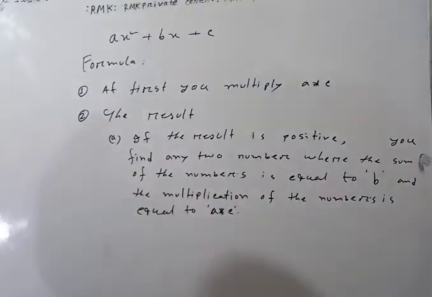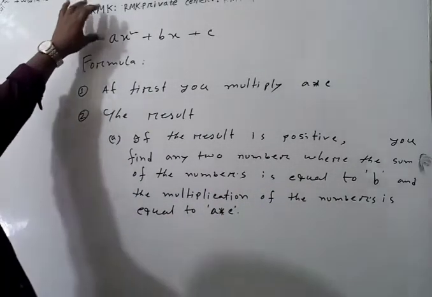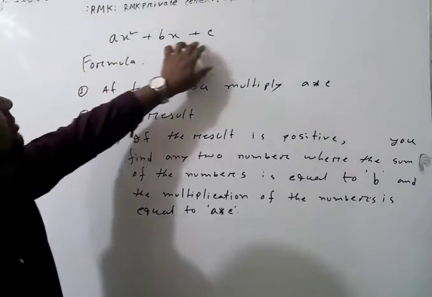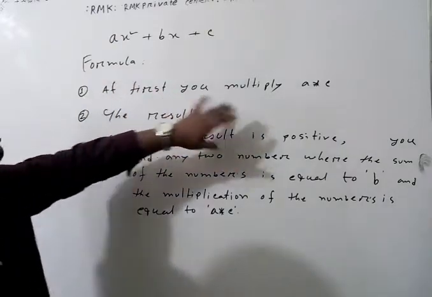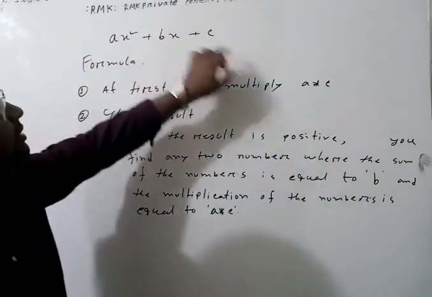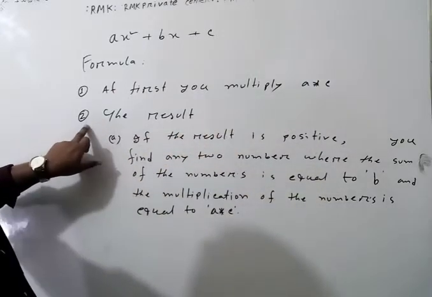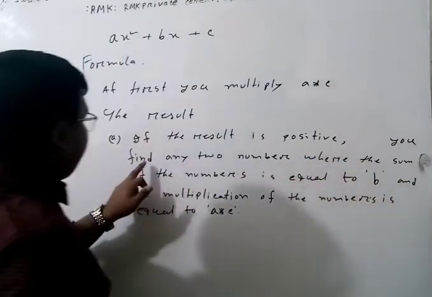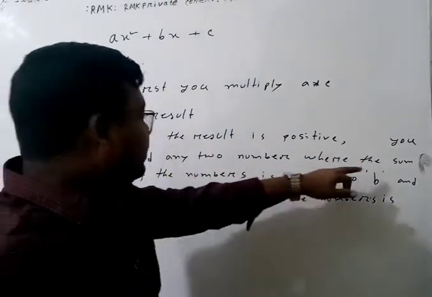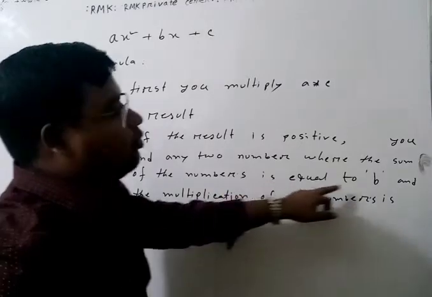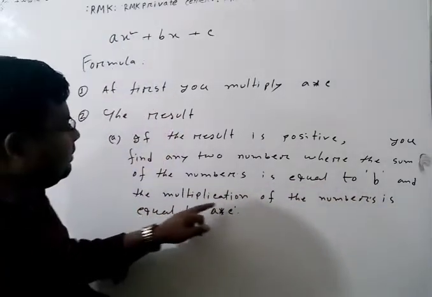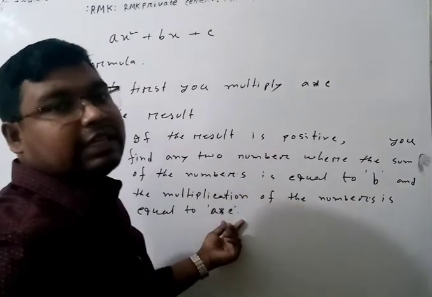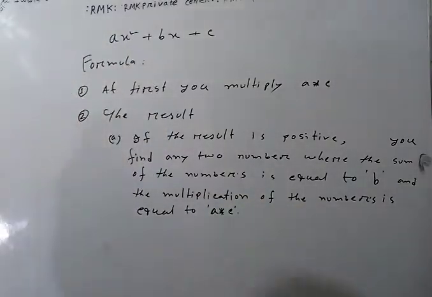Look at me, my dear students. What do I say? If you find these types of algebraic expression, ax square plus bx plus c, then at first you multiply a and c. Number 2, the result. That means if the result is positive, you find any two numbers where the sum of the numbers is equal to b and the multiplication of the numbers is equal to a into c. Clear, my dear students? Okay.